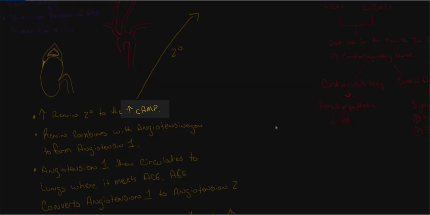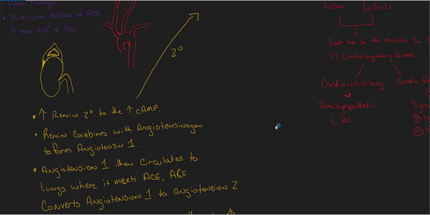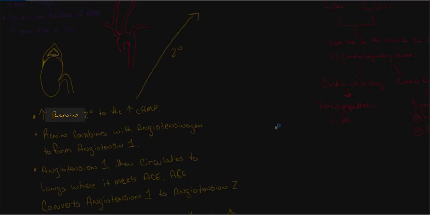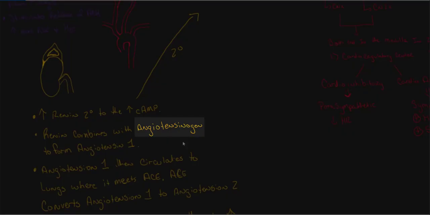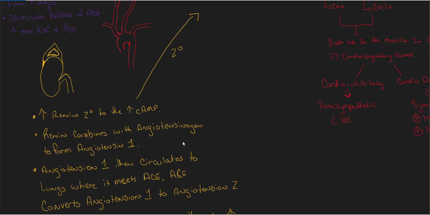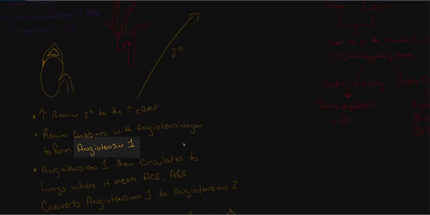Now, this increase in cAMP causes our kidneys to release renin. Once renin is put into the blood system, it combines with a protein that is formed inside the liver called angiotensinogen. Once renin combines with angiotensinogen, you form angiotensin 1.